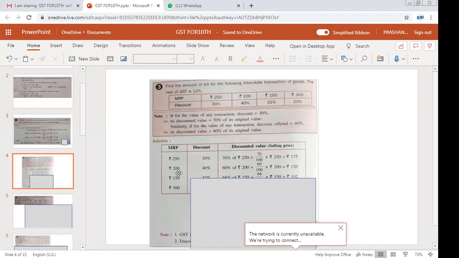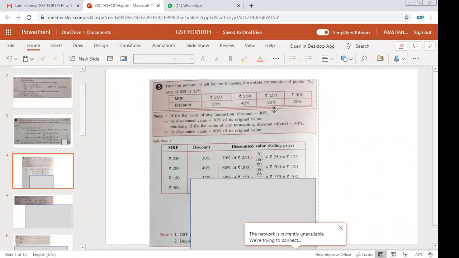When MRP is 200, the discount given is 40%. So the discounted value is going to become 60% of 200, because 40 was the discount. So 60% of 200 is 60 upon 100 of 200, which will become 120 rupees.